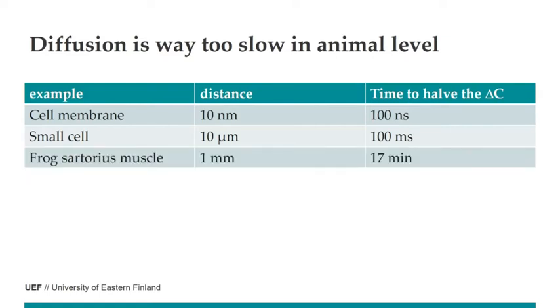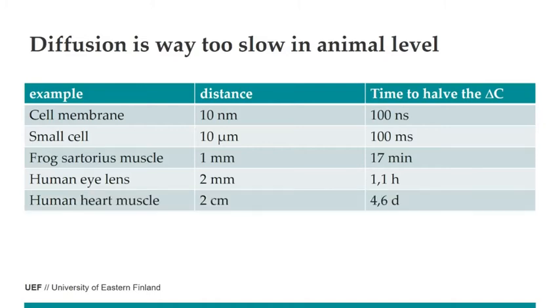And if we have a skeletal muscle where the length can be 1 millimeter, it takes already 17 minutes. And if we have a human eye lens that is about 2 millimeters, it takes 1 hour. Or the heart muscle that is about 2 centimeters thick, it takes 5 days.